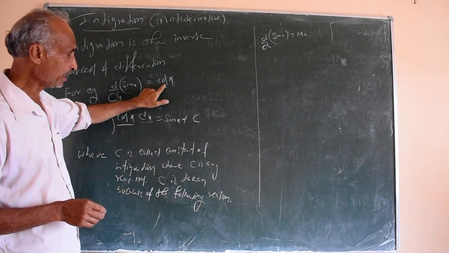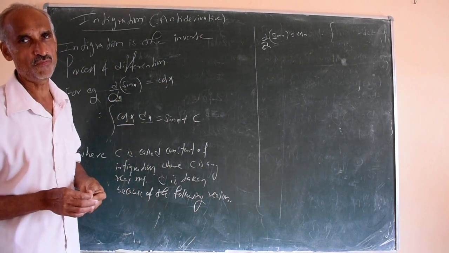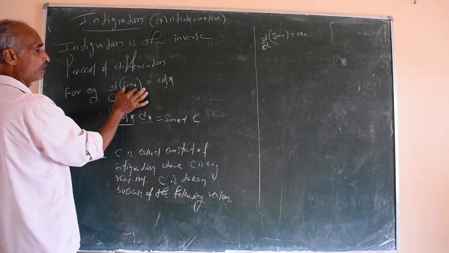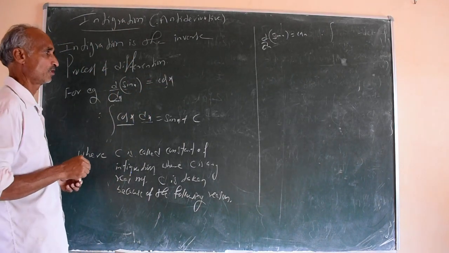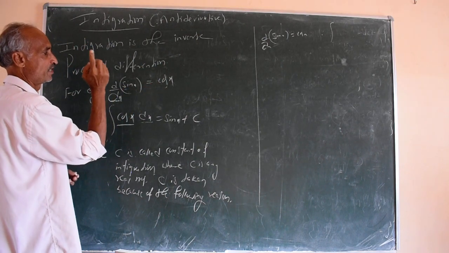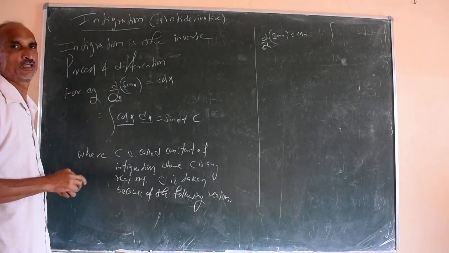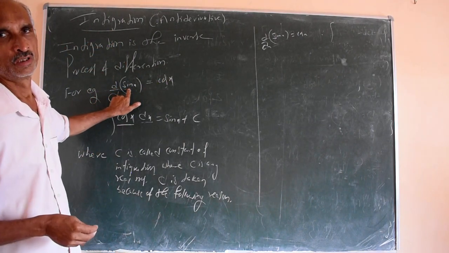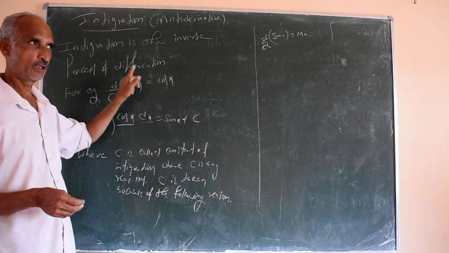By integrating the differential coefficient cos x, you get the original function. That is the meaning of reverse process. Cos x is the differential coefficient of sin x, and by integrating it, we get the original function sin x.